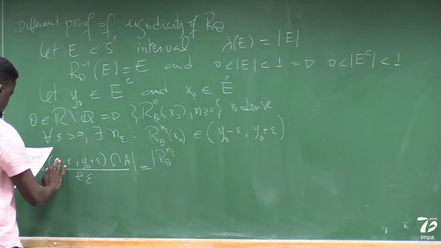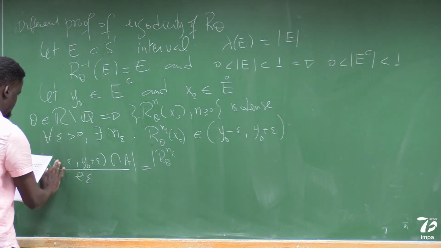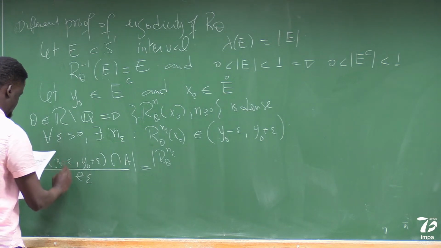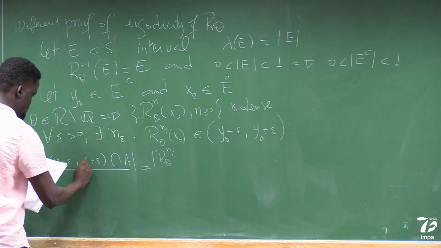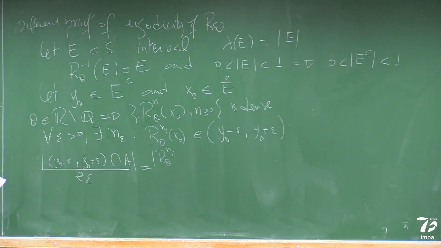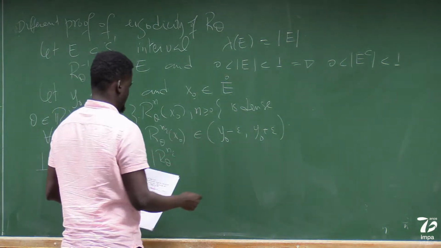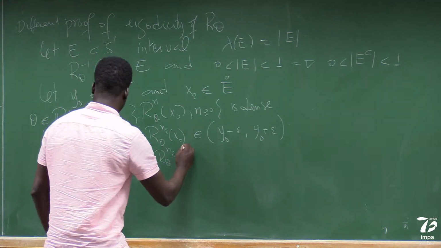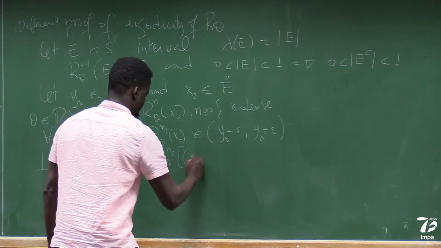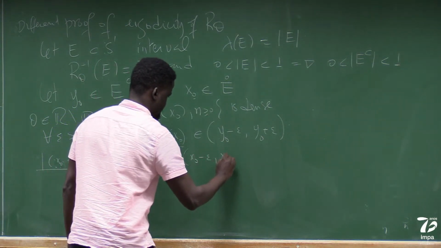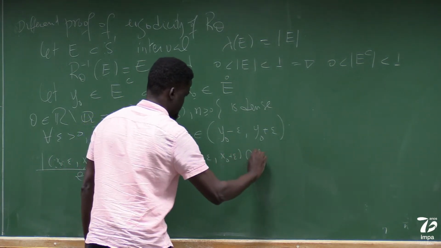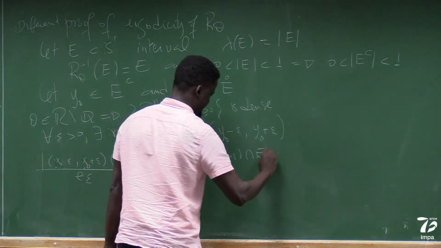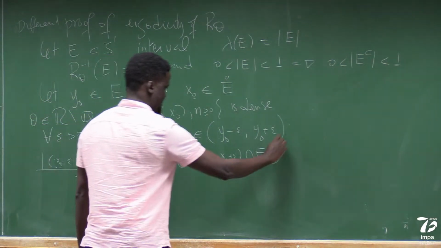I mean x naught here, because I want this to end in A. And I'm saying they have the same measure because r theta is just a translation. I use E and A because in my notation I have A over 2 epsilon.